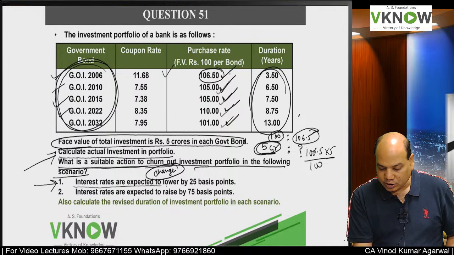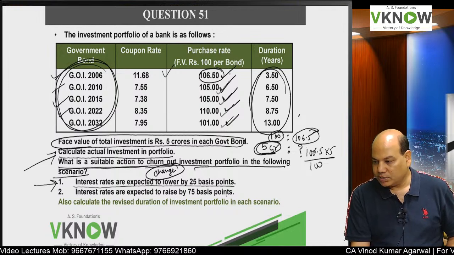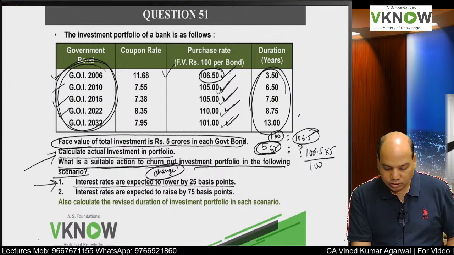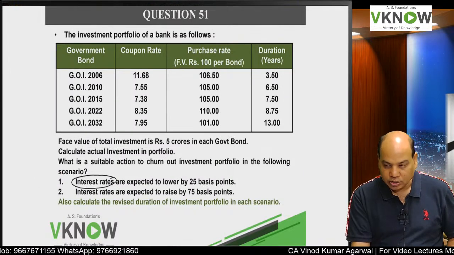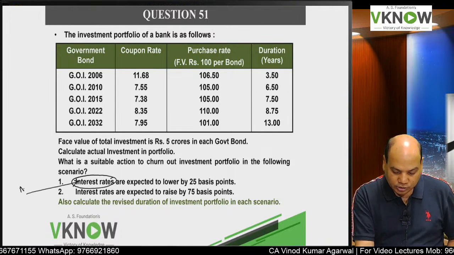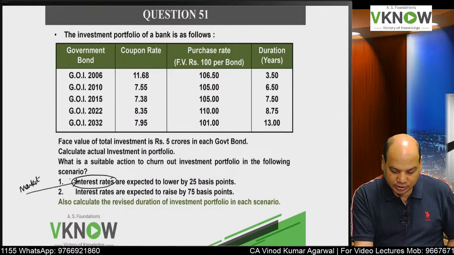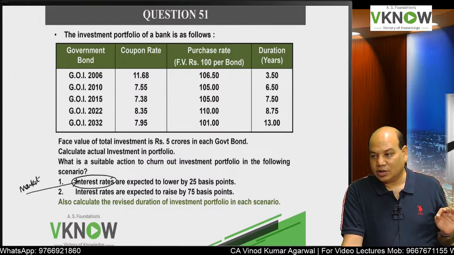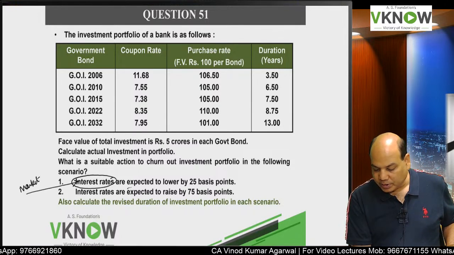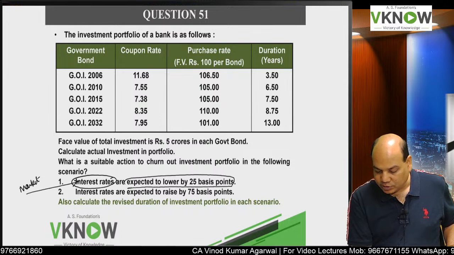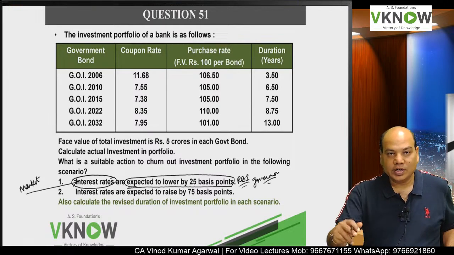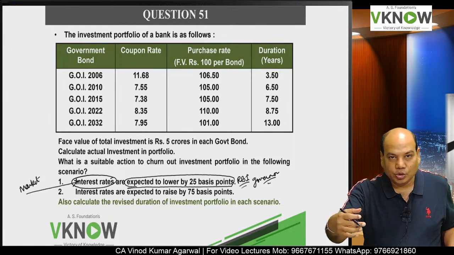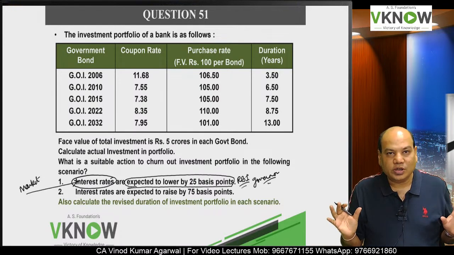Interest rates are expected to be lower by 25 basis points. Interest rate means market interest rate. Coupon rate is already locked. So what interest rate they are talking about is market interest rate. Suppose the RBI governor is going to reduce the interest rate in the next monetary policy by 25 basis points.